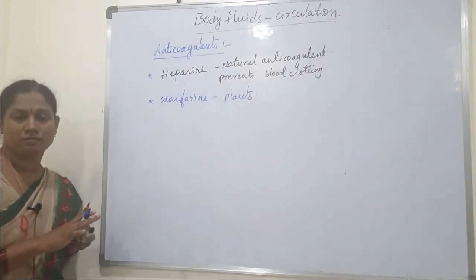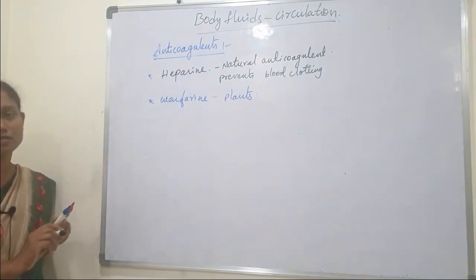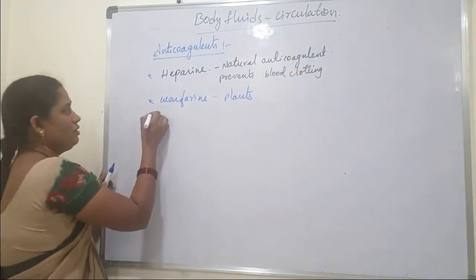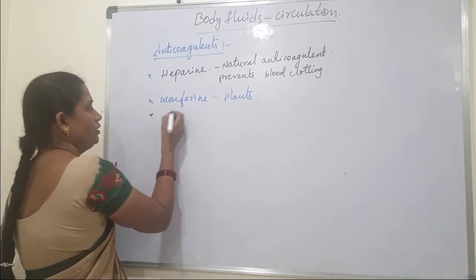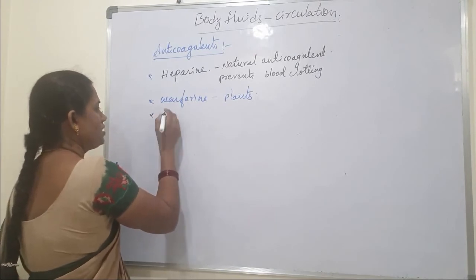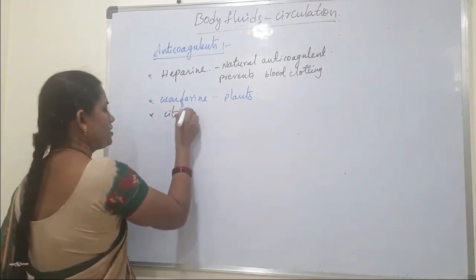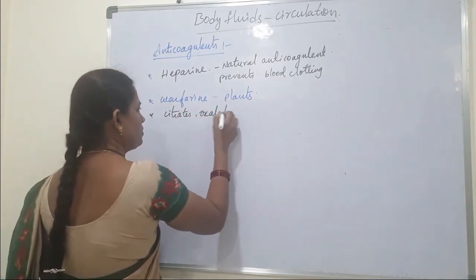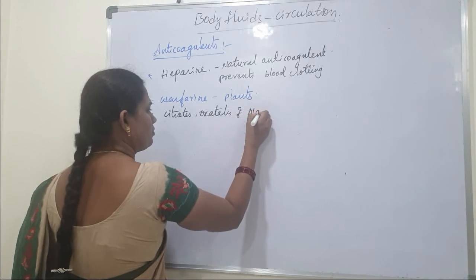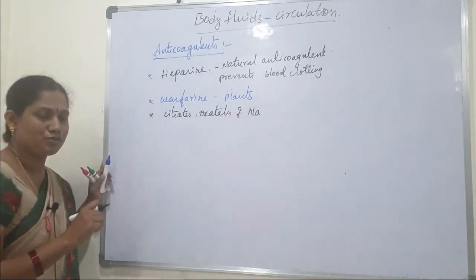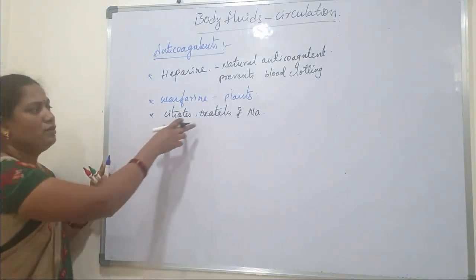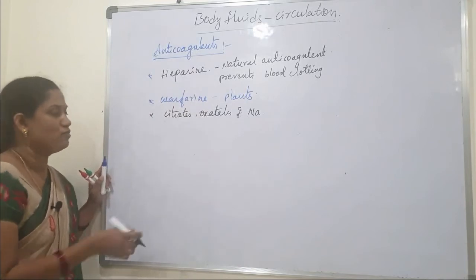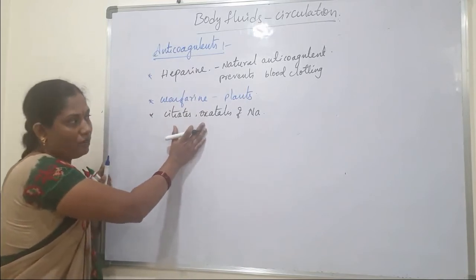Some other chemicals are also used as anticoagulants, like citrates and oxalates of sodium. These are also used as anticoagulants, which means they prevent blood clotting.